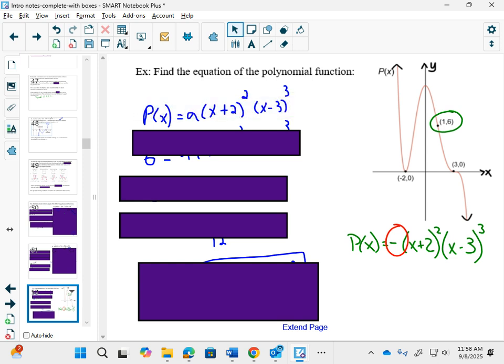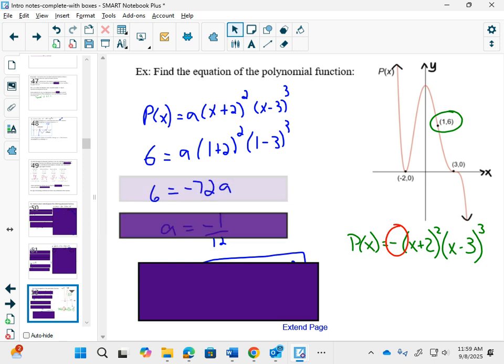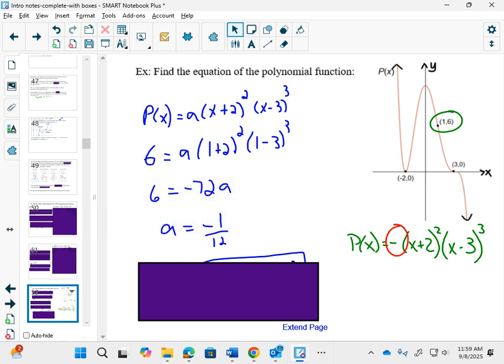Well, we just put in that we don't know what A is. We don't know what that number out in front is. I know that it's negative because of my end behavior. But if I want to solve for something and I know it goes through the point 1, 6, I can plug in 1 and 6, do some mental math, and solve for A. Oh, -112.